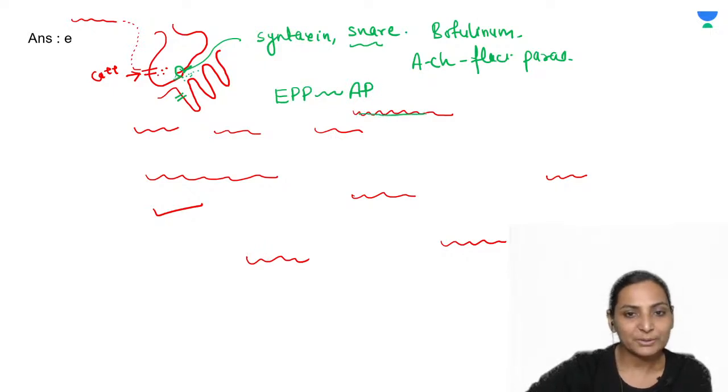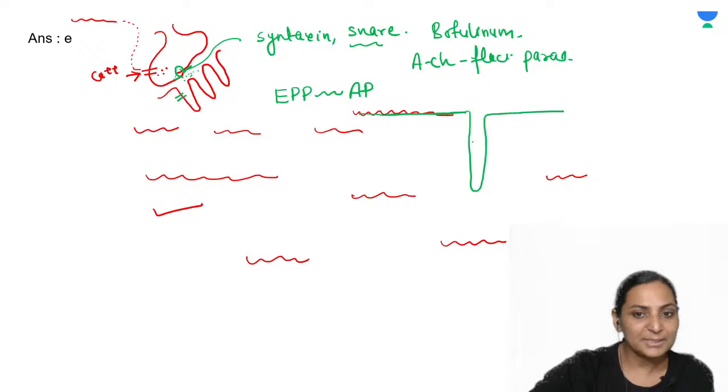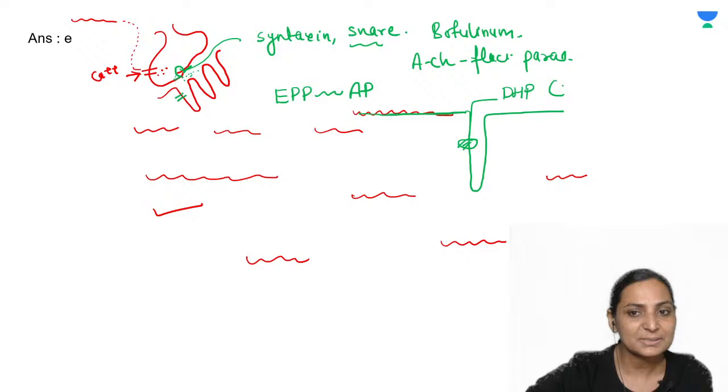This action potential will travel along the sarcolemma and it will dip into the T tubules. These T tubules have DHP, that is dihydropyridine receptors, which in the case of skeletal muscle behave as voltage sensors.